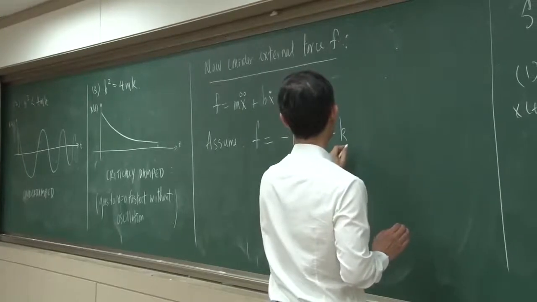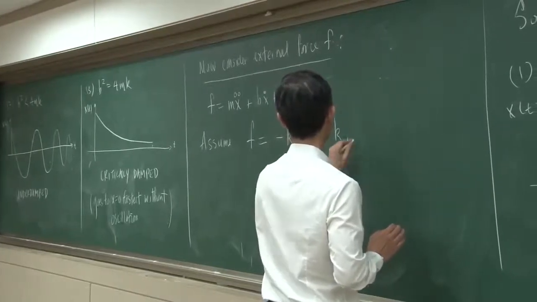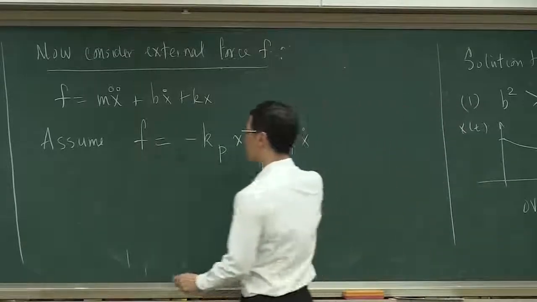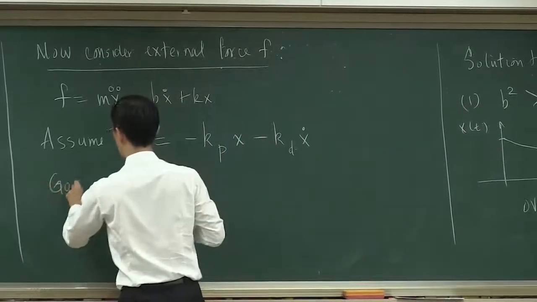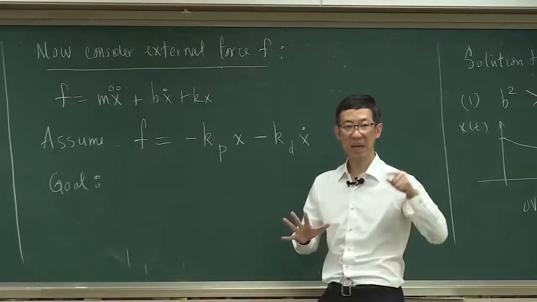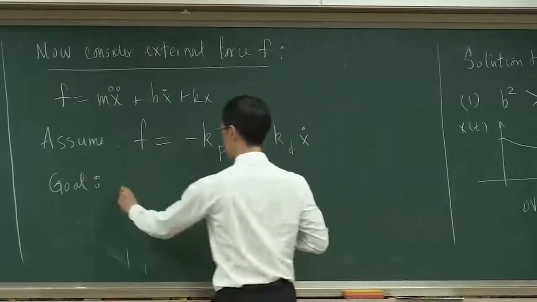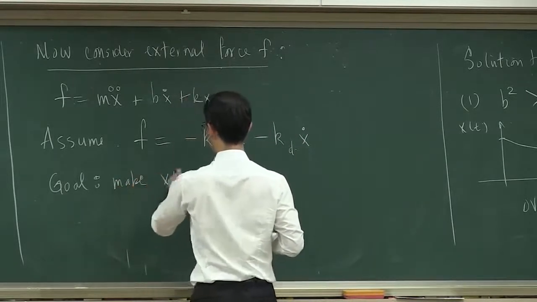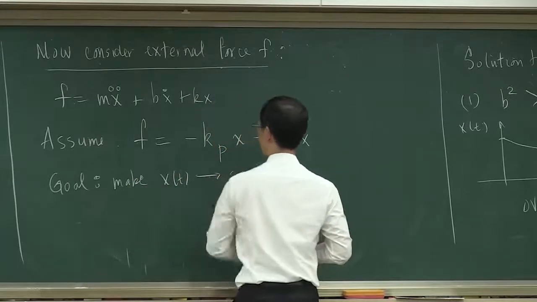Maybe I should use Kd for derivative. And the goal is to make x of t go to 0.